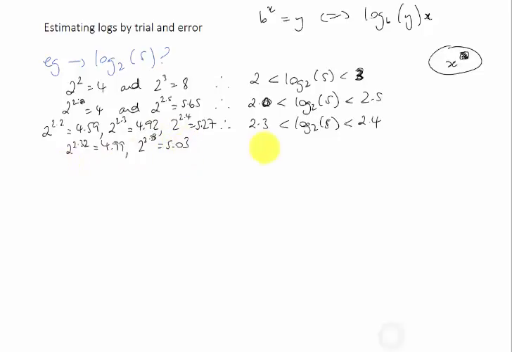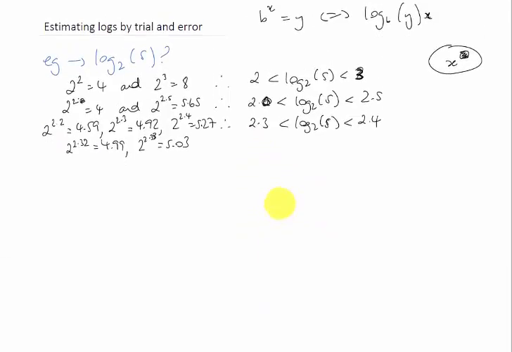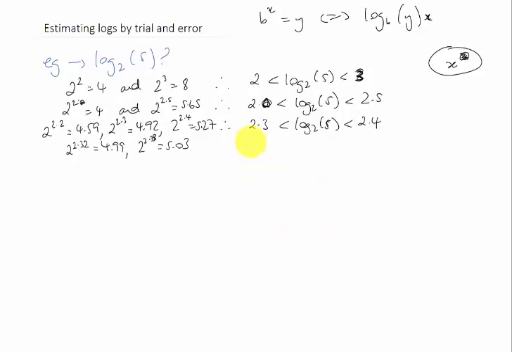So we're getting quite close now, aren't we? So that means that the log in base 2 of 5 is in between 2.32 and 2.33. Great, so I'm going to want you to do a few more like that.